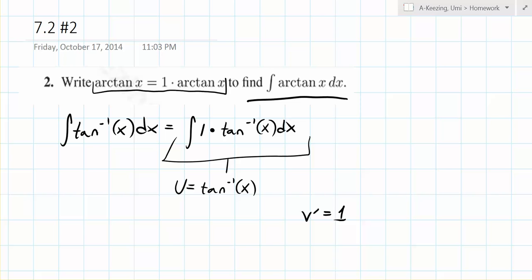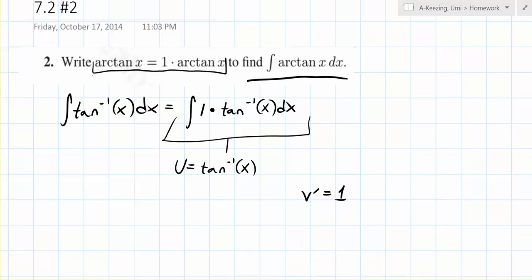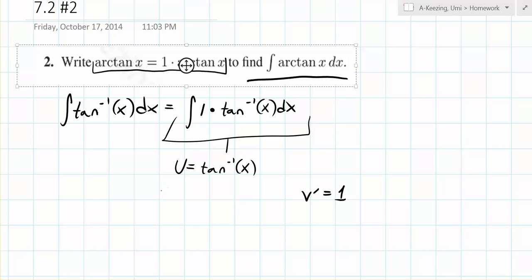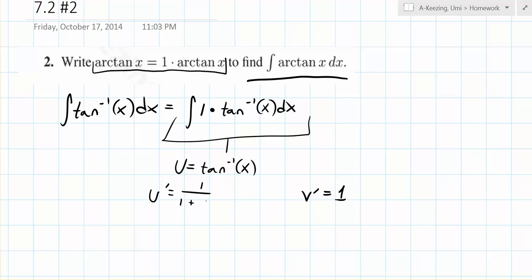Okay, so now we know u and v prime in the original integral. Let's find u prime and v, which I promise will come in handy later. So, since u is tan inverse of x, u prime would equal 1 over 1 plus x squared dx. That's just something you should memorize.